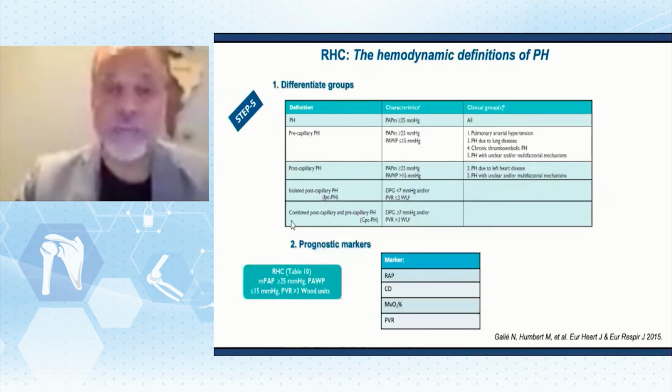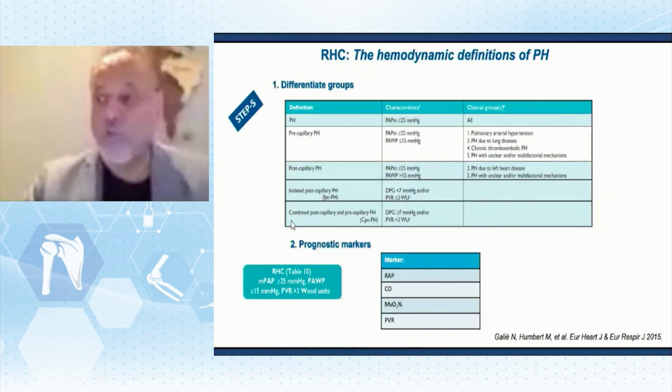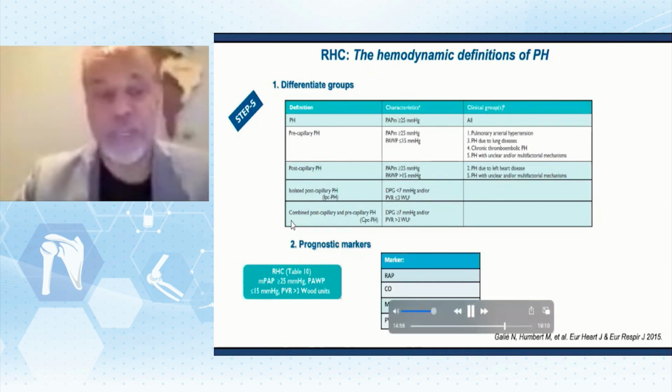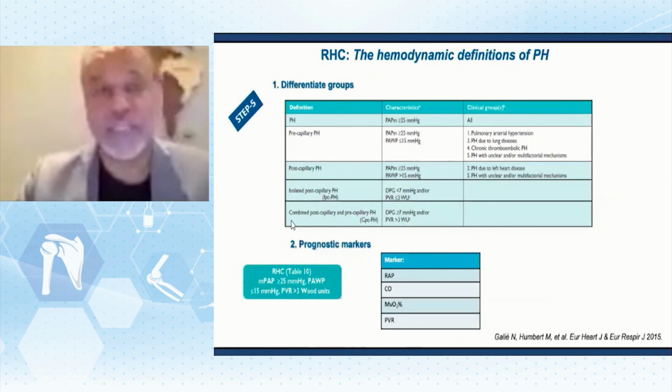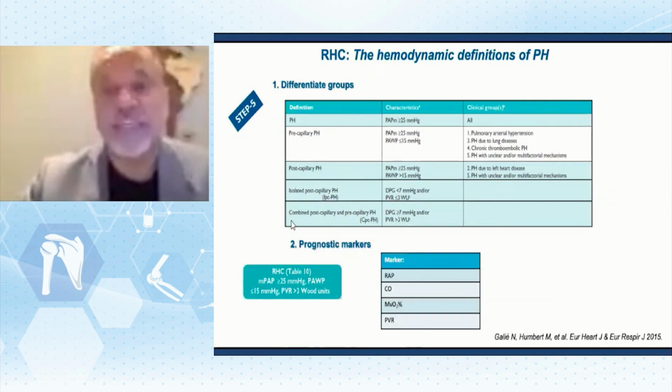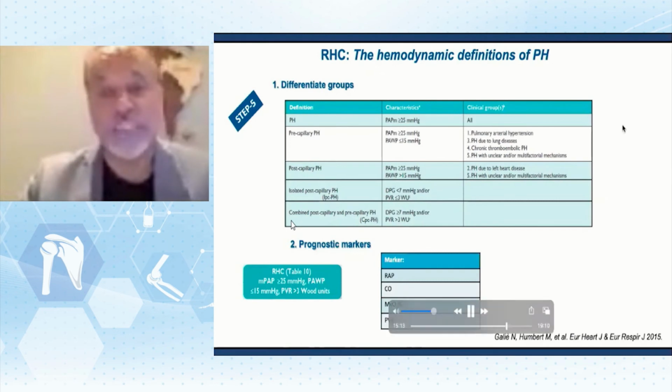The right heart cath is not only important for confirming the diagnosis, but it's also important to further classify the disease. For example, in those patients who will have group 1 PAH, they will have high pressure, low wedge pressure, and high PVR. So you need all of that hemodynamic to categorize the patient into group 1.